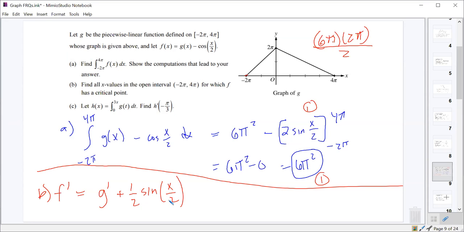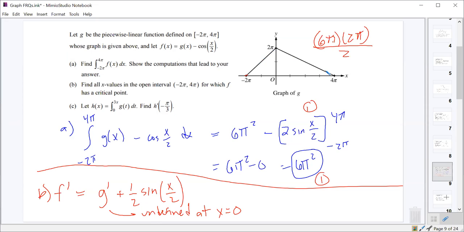Anywhere the derivative of g doesn't exist between -2 pi and 4 pi, this whole thing will be undefined. So g prime we know is undefined at x equals 0, because we have a corner there. So there's one critical value that we potentially have.